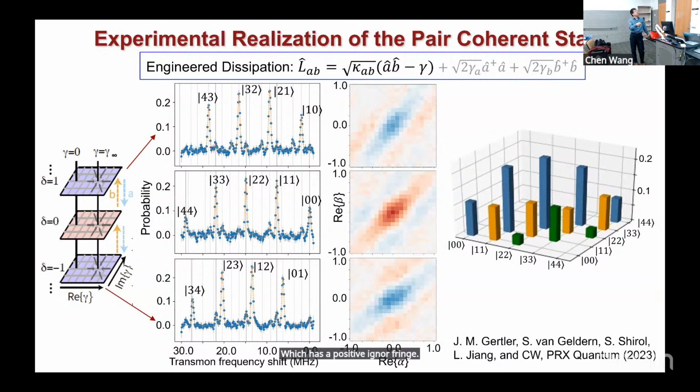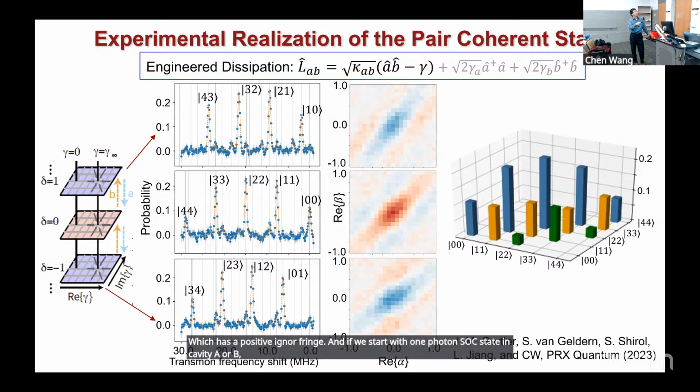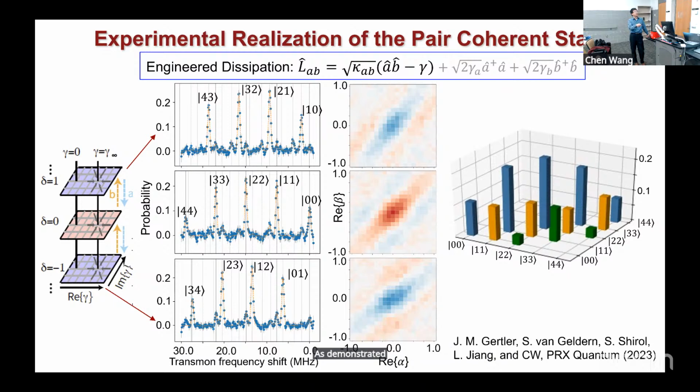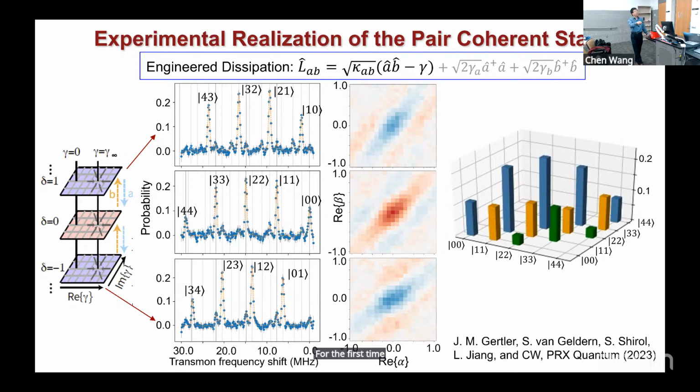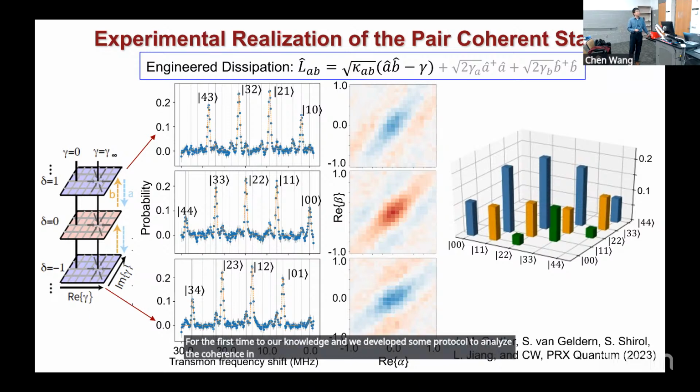And if we start with a one photon Fock state in cavity A or B, the system will converge to a PCS state with delta equals 1 or -1, as demonstrated by the negative Wigner fringes in the middle. So this was an analysis experiment. We're able to prepare these PCS states for the first time to our knowledge, and we developed some protocol to analyze the coherence of these PCS states.